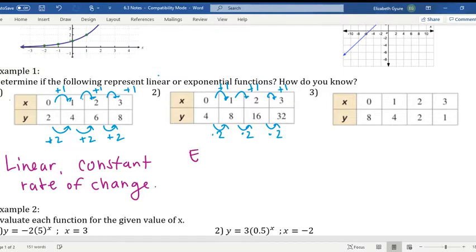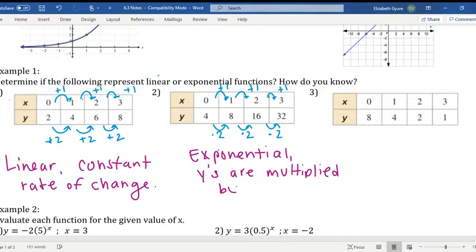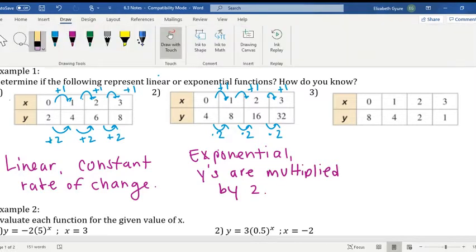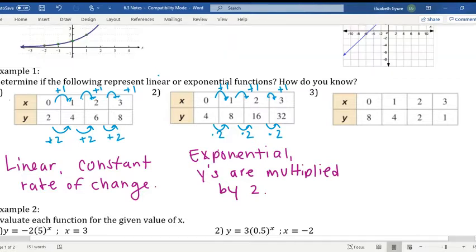So we're going to say exponential, and we're going to say that's because the y's are multiplied by 2. Good. Sorry, my handwriting is particularly bad today for some reason.